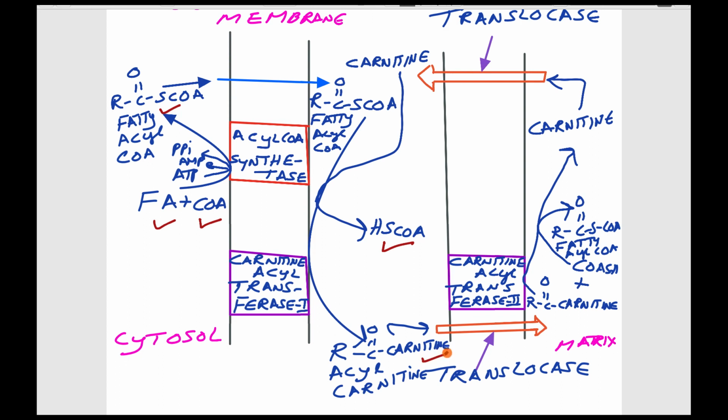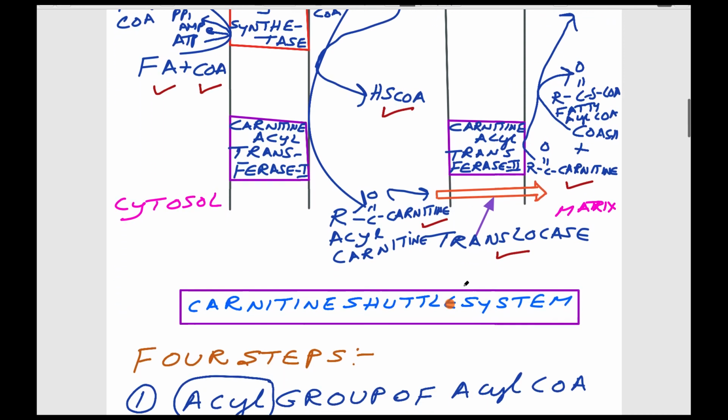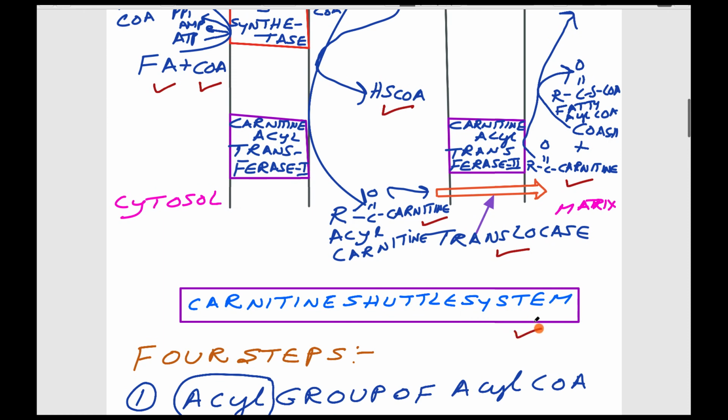This acyl carnitine is transported across the inner mitochondrial membrane by translocase and enters the matrix, where it combines with coenzyme A, carnitine is released, and fatty acyl CoA results. This carnitine again enters back into the intermembrane space by the action of translocase. This is how the carnitine shuttle system works.